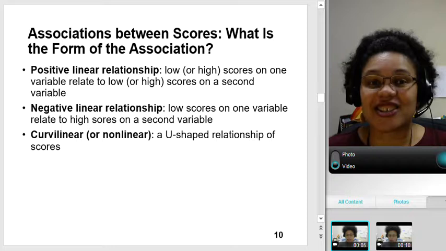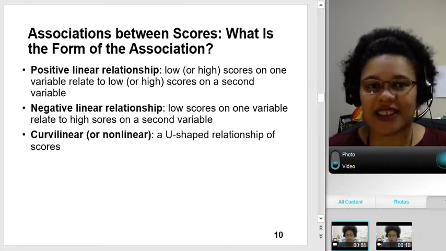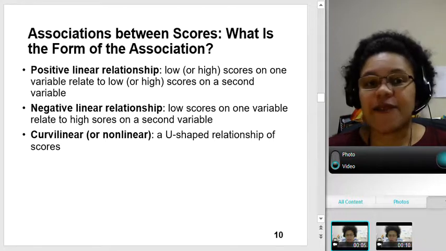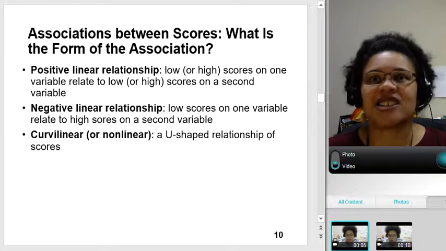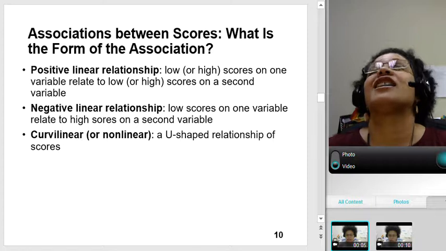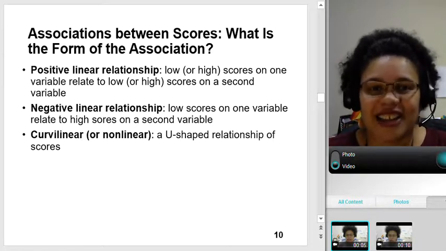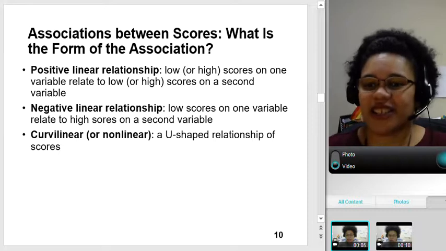If I care somewhat, and I'm a little bit nervous about it, then I'm going to study hard and I'm likely to get a high grade. If I am really anxious, I think there's no way I can do this. Oh my goodness, this is going to be so hard. I might psych myself out and get a low grade. Okay, so that's an example of a curvilinear relationship.